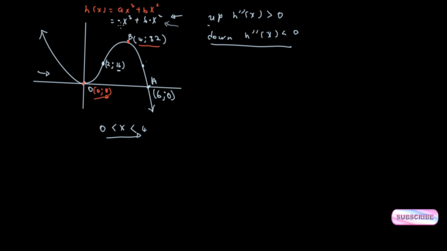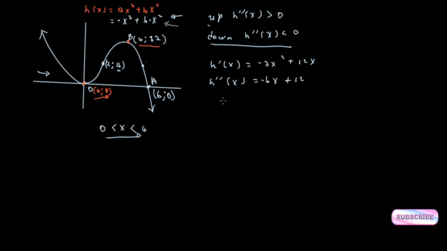We are going to differentiate this twice. The first derivative, we did it, is equal to negative 3x squared plus 12x. Now for the second derivative, we can say this equals negative 6x plus 12.